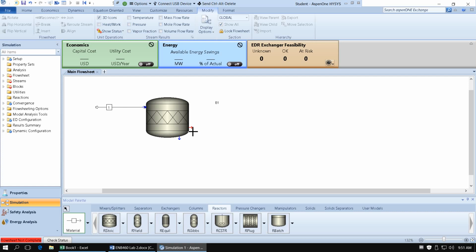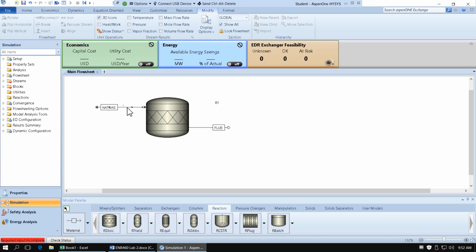So we'll also attach one for product. Right. So just taking note of what we have now, we have two streams, one going in and one going out. We'll assign stream 1 as our natural gas stream, stream 2 as our flue gas stream.